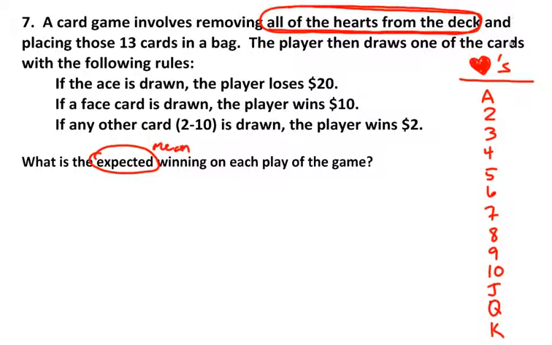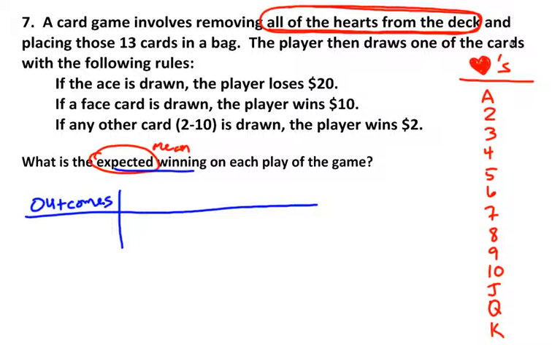So we're now going to take a moment here and come up with a probability distribution. The first thing we need to do is look at the outcomes. Our outcomes in this problem, obviously we can have different cards, but the outcomes that we're going to have are based on the money. We want to look at the expected winning, so we're going to find the winning outcomes.